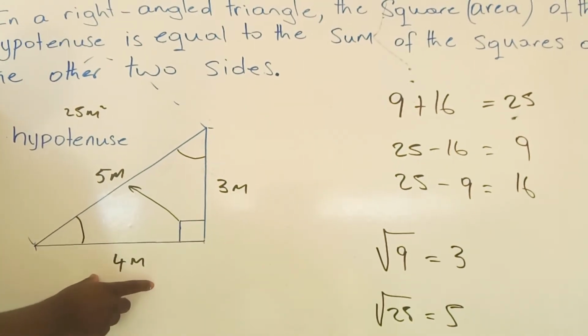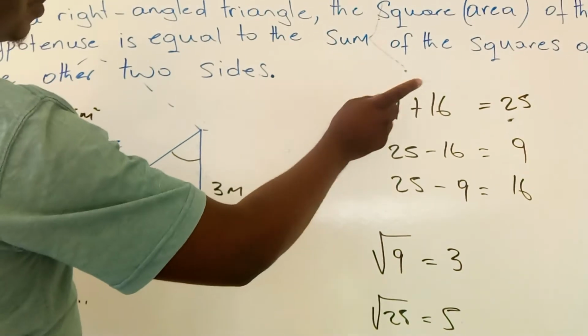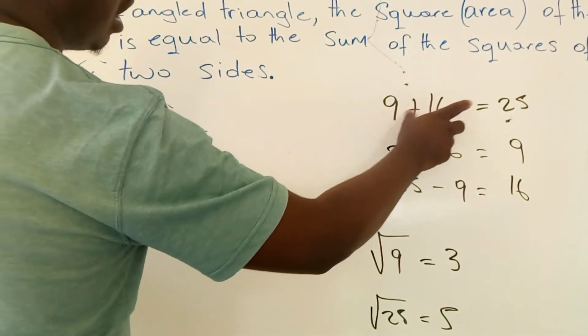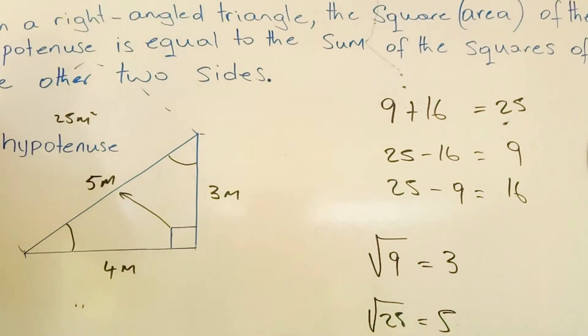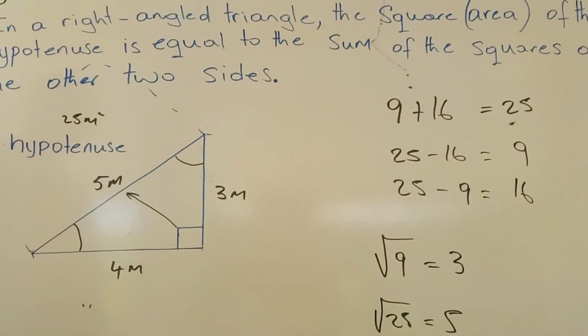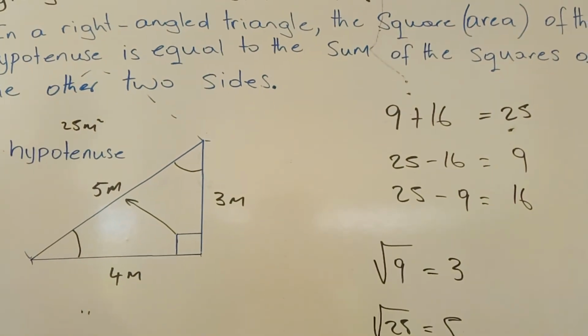When we square them, we get 9 and 16. And when we add them together, it gives us the area of the hypotenuse, because 5 is associated with the hypotenuse, right? Which is very, very interesting.